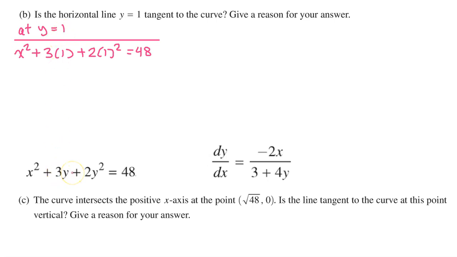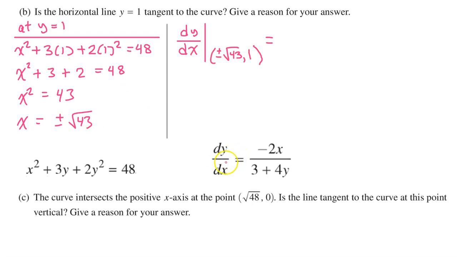Substituting 1 in for y right here, we have this. That's x squared plus 5 is equal to 48. Subtracting 5 from both sides, we get x squared is equal to 43. Taking the square root of both sides, we get x is equal to plus or minus the square root of 43.